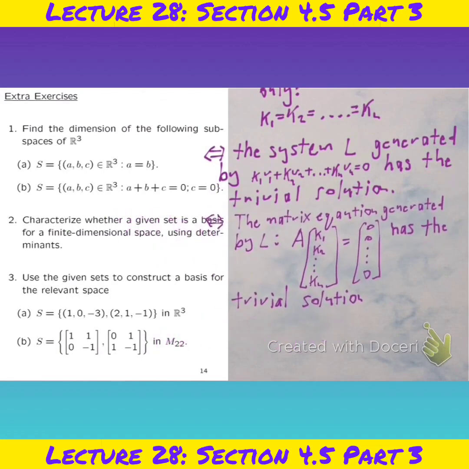The only way that can happen is if the matrix equation generated by L, so if you take the system of linear equations L and set up the matrix equation generated by that linear system, which is this matrix equation here, has only the trivial solution. And the only way that can have the trivial solution is if A is invertible.